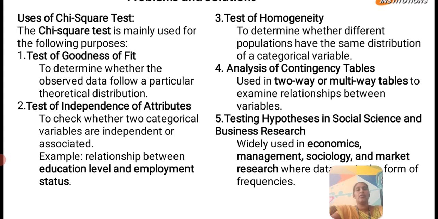It is also a test of independence of attributes, and a test of homogeneity, that is, whether different populations have the same distribution. It is used in the analysis of a contingency table, in two-way or multi-way tables, and in testing hypotheses in social science. This is applied widely in economics, management, sociology, etc.